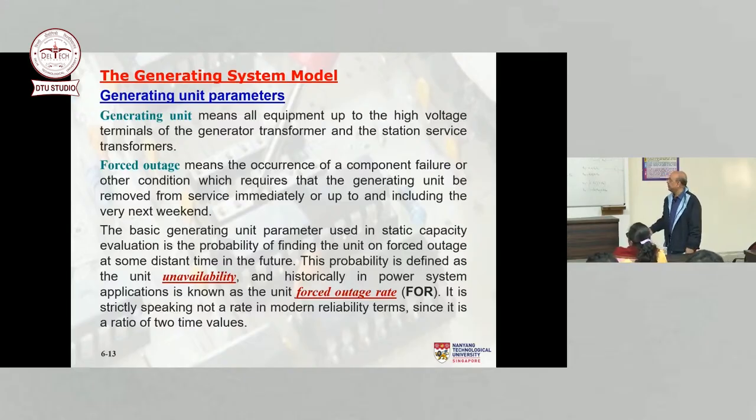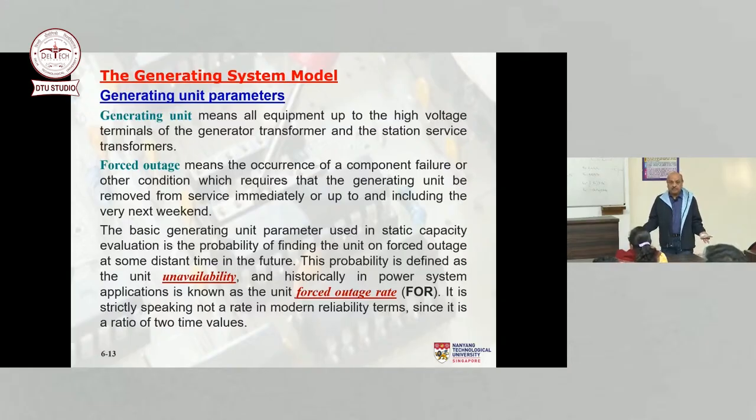It's much longer. Then what is a forced outage? That's the other definition that we need to know. Forced outage means the occurrence of a component failure or any other condition which requires that the generating unit be removed from service either immediately or up to and including the next weekend.